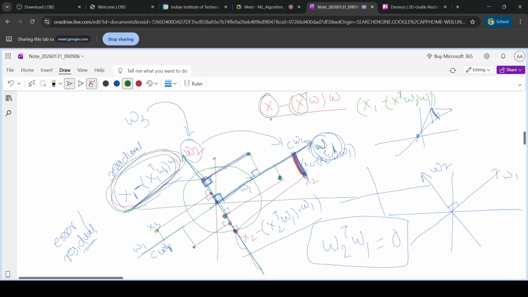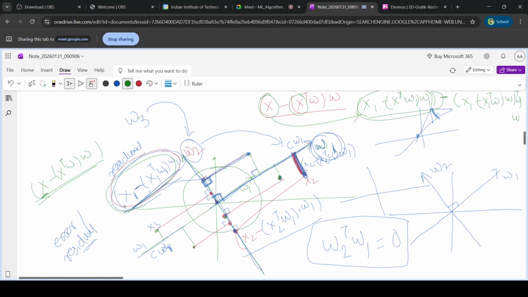Okay, this is x minus, once again, x1 minus x1 transpose w into w, so this transpose into w. Okay, so here this equation is increasing because this is the residual for w3. When you are calculating w3, you are taking w2 as a reference and calculating x minus x transpose w into w. So here this residual is increasing.